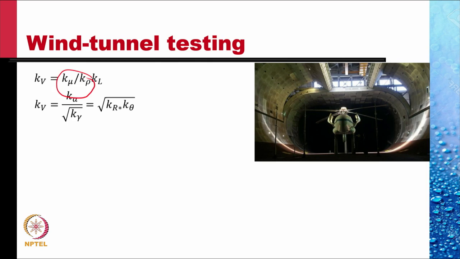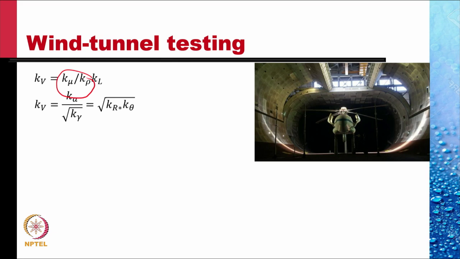If we pressurize the atmospheric air so that the density increases, the viscosity mu does not change appreciably, even when we increase the density by a factor of 10 or so.